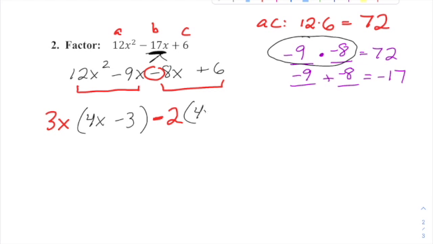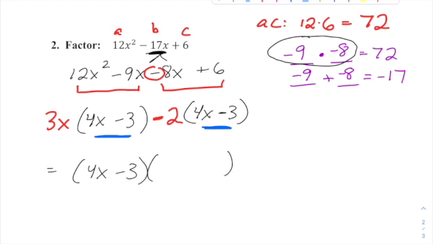So you're going to have 4x, and 6 divided by negative 2 is negative 3, as it should be if you've done it right. You should have the same thing here and there, because in the very next step, that's the common quantity. So I can factor it out. And in the other group, 3x minus 2.